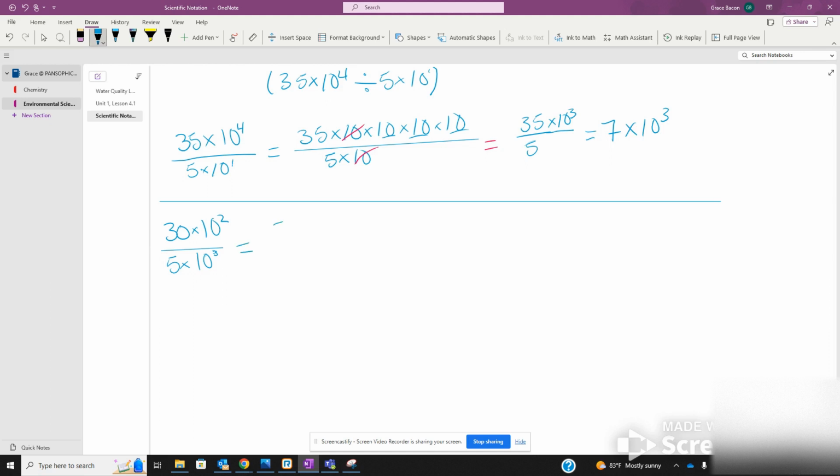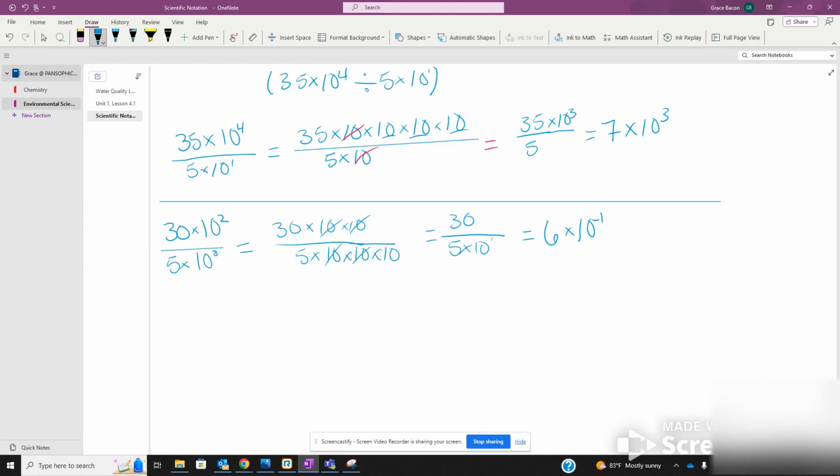So if I expand this out, I've got 30 times 10 times 10, 5, 2, 3. And again, I can cancel these ones, and I'm left with 1 on the bottom. So then I have 30 over 5 times 10 to the 1st, and 30 divided by 5 gives me 6, and I know that this is the same as 10 to the negative 1 because it's a division. So 6 times 10 to the negative 1 is how we would put that into scientific notation.